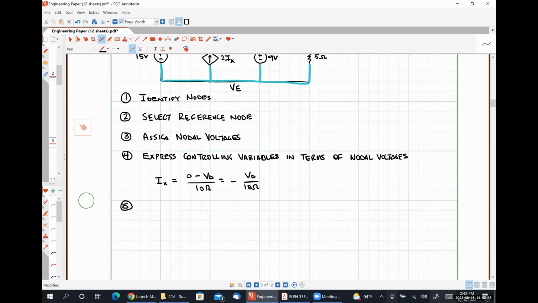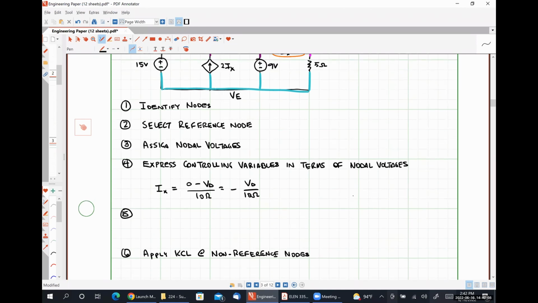So instead, I'm going to give myself some room here, and we're going to move along to step 6, which is going to be to apply KCL at non-reference nodes. And we're going to modify this step very slightly in just a moment. And we'll see why here, okay?